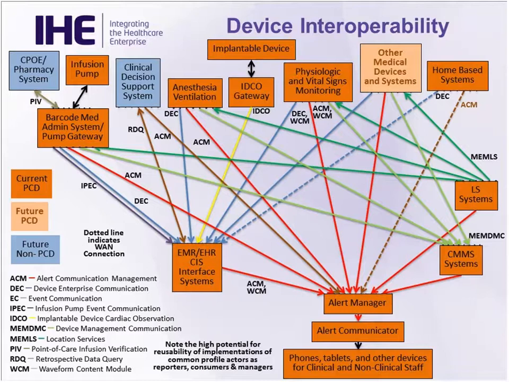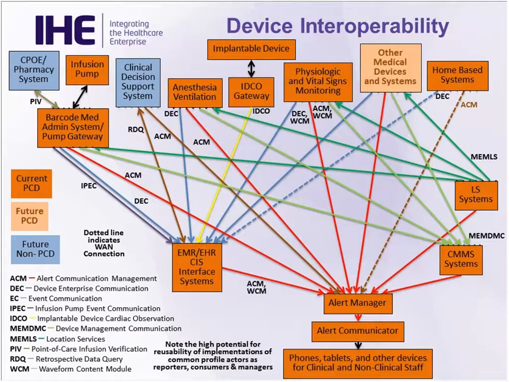Great. So let's say I wanted to have an alarm from a physiologic monitor wind up in the hands of a clinician. So top, just right of center, physiologic and vital signs monitoring, comes down ACM, possibly with WCM embedded.